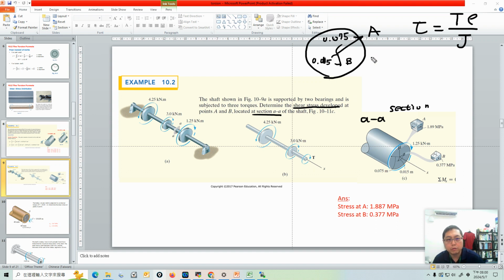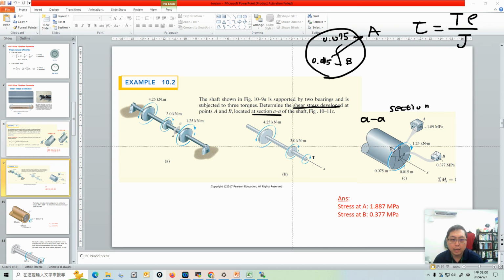So that's the difference between A and B. A is 0.075 from the center, simply speaking at the surface, and B is 0.015 meter away from the center. So rho A and rho B are different.